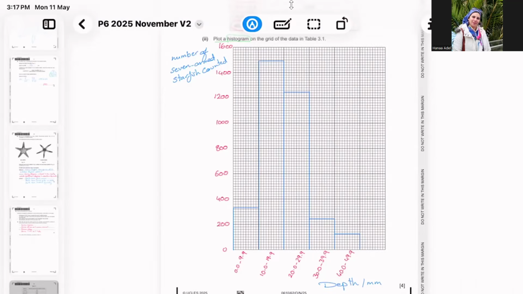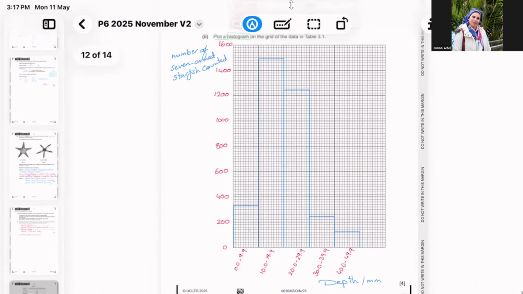And then we have to put below each column its range, from 0 to 9.9, the next column from 10 to 19.9, and so on, because each label below is for its column. So the first column is the range from 0 to 9.9, the second column from 10 to 19.9. This looks like a label. Don't draw this arrow, it is just to help you understand.